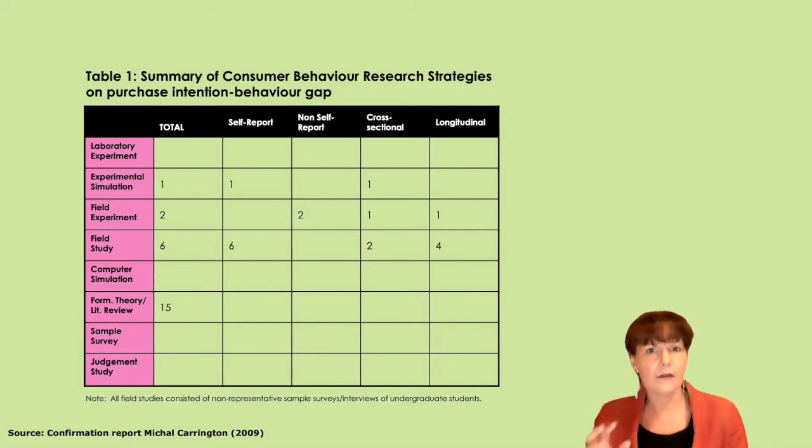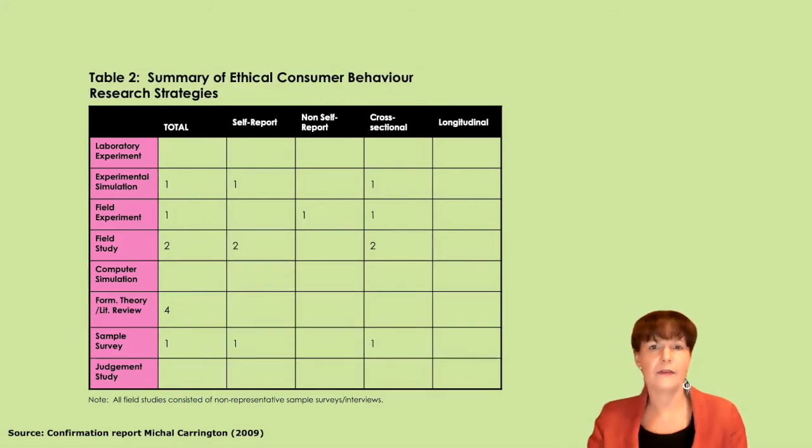So she did this for two topics, the purchase intention behavior gap and the ethical consumer behavior literature. This doesn't mean a lot to me personally, and it wouldn't mean a lot to any of you working outside the marketing area, but these were two distinct areas in her study.